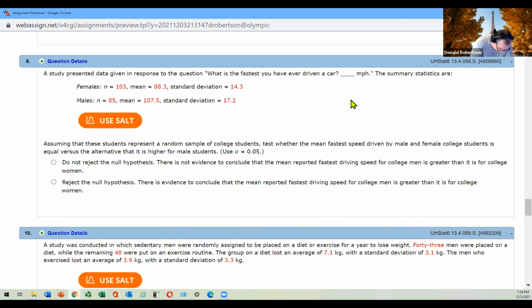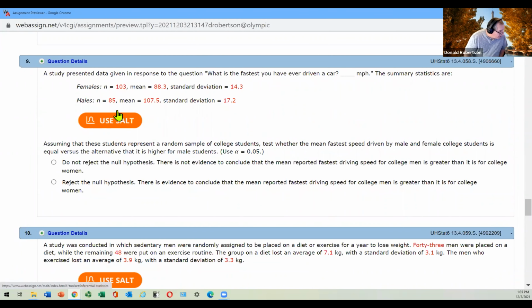And then the other group was males, and they were 85 of them, and their average was 107.5, and their standard deviation was 17.2. So I've got all these numbers set up because I know I'm going to use them in a minute.